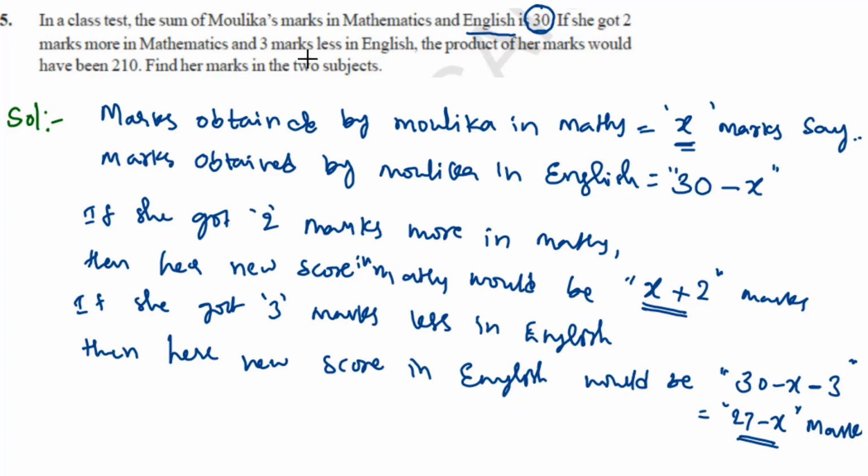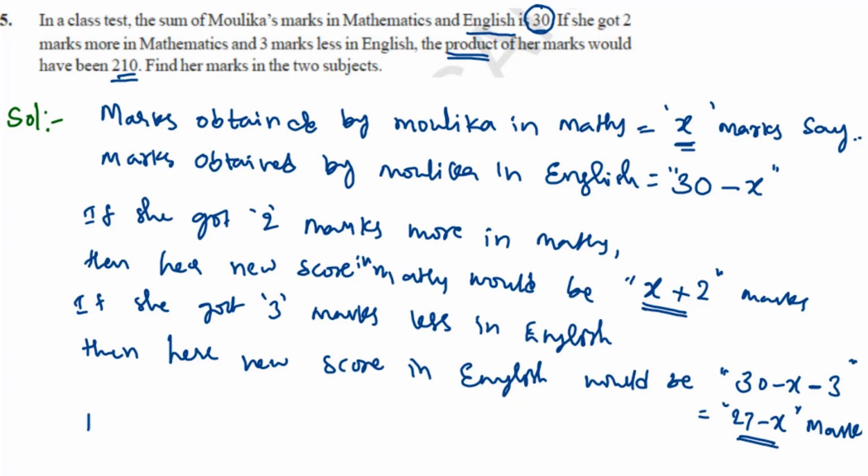So here it is given that after increasing 2 marks in mathematics and after reducing 3 marks in English, whatever marks we get, we have to take the product of those 2 marks. By multiplying them we get 210.